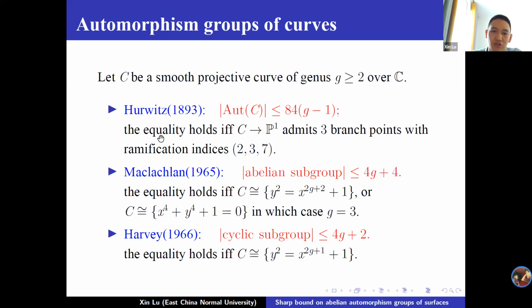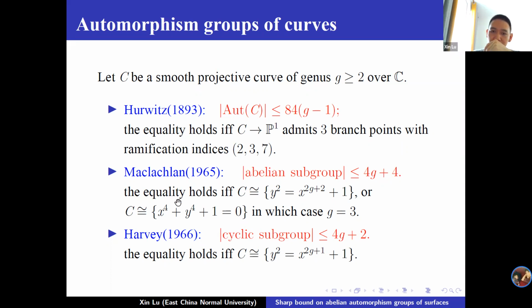The first equality holds if and only if the curve C admits a Galois cover to the projective line which has exactly 3 branch points, and the ramification indices should be 2, 3, and 7.